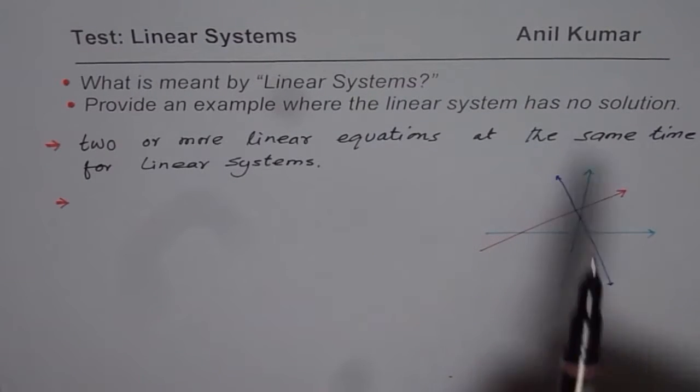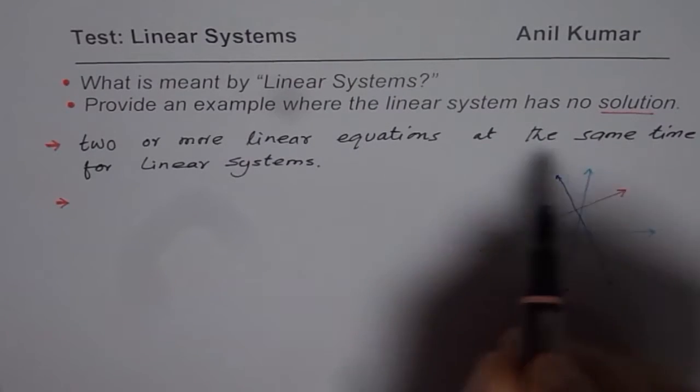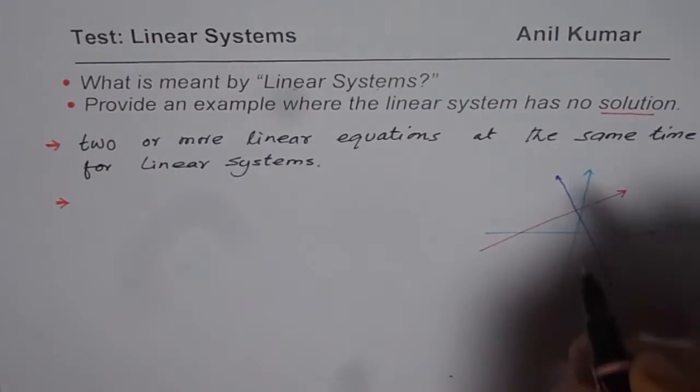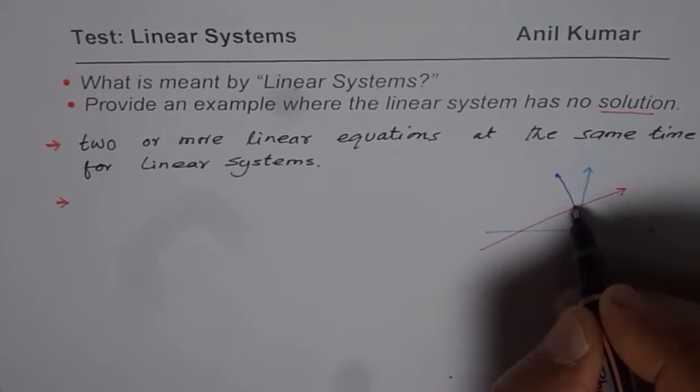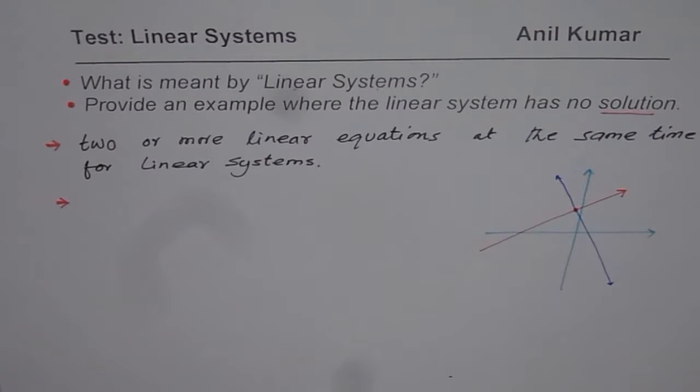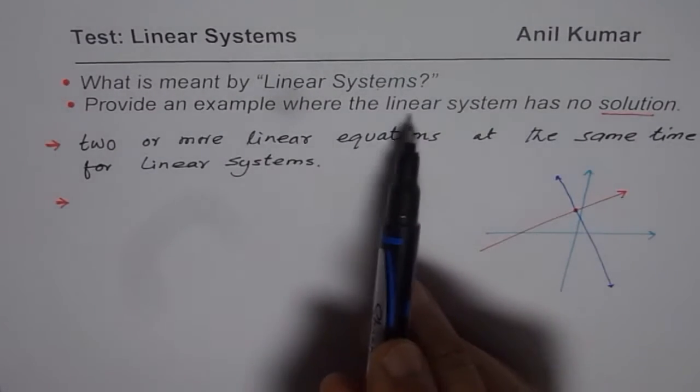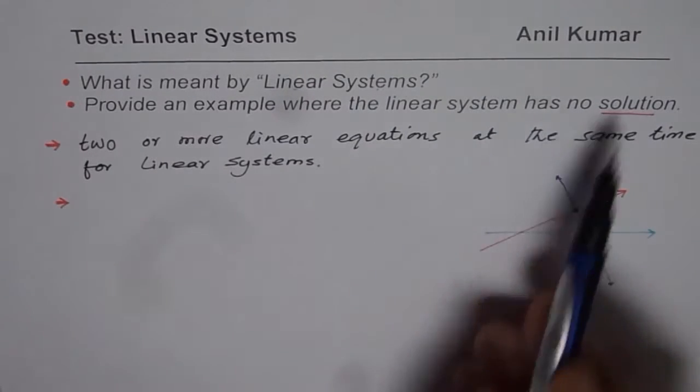Now when we say solution of a linear system, it really means point of intersection. So that becomes the solution of a linear system, right? This is just to understand the question.